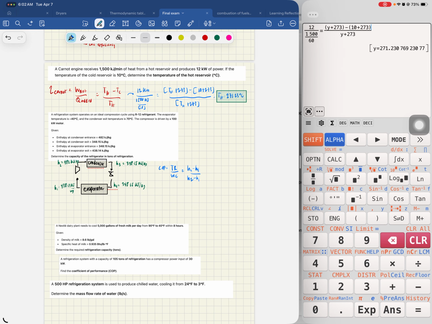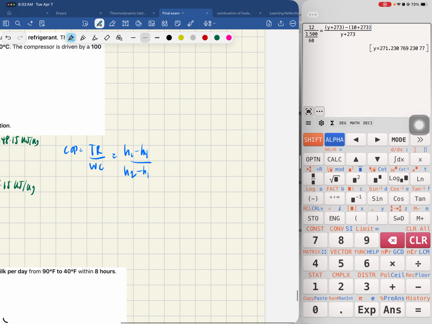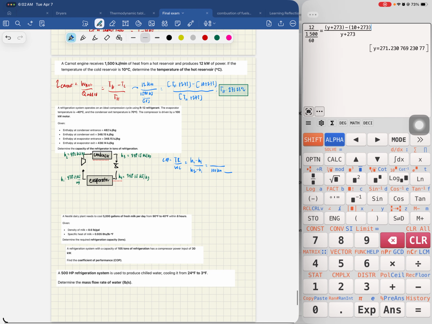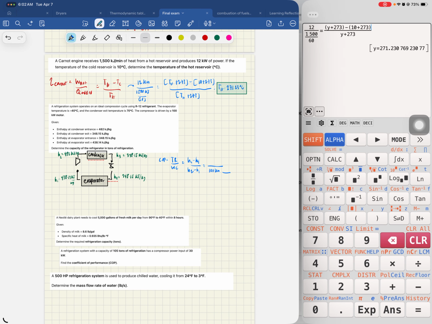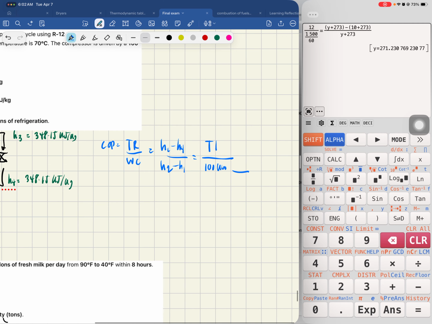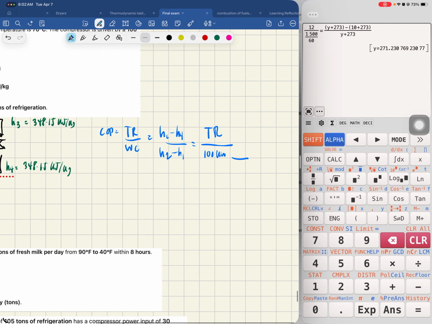But the compressor is driven by a 100 kilowatt motor, so we can assume that is equal to 100 kilowatts. But you want the capacity of the refrigerator in tons of refrigeration.